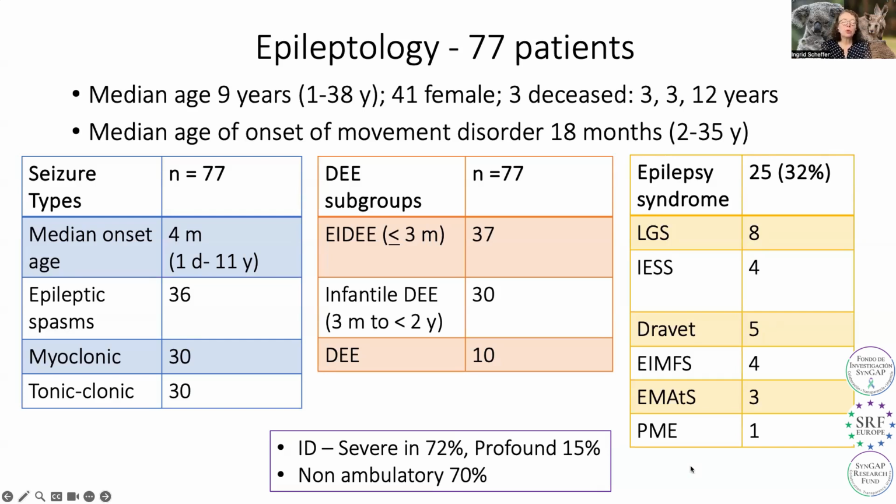It's also very important to recognise that this group of patients, these 77, were severe, with severe intellectual disability in 72%, and a further 15% had profound impairment, and 70% did not walk.